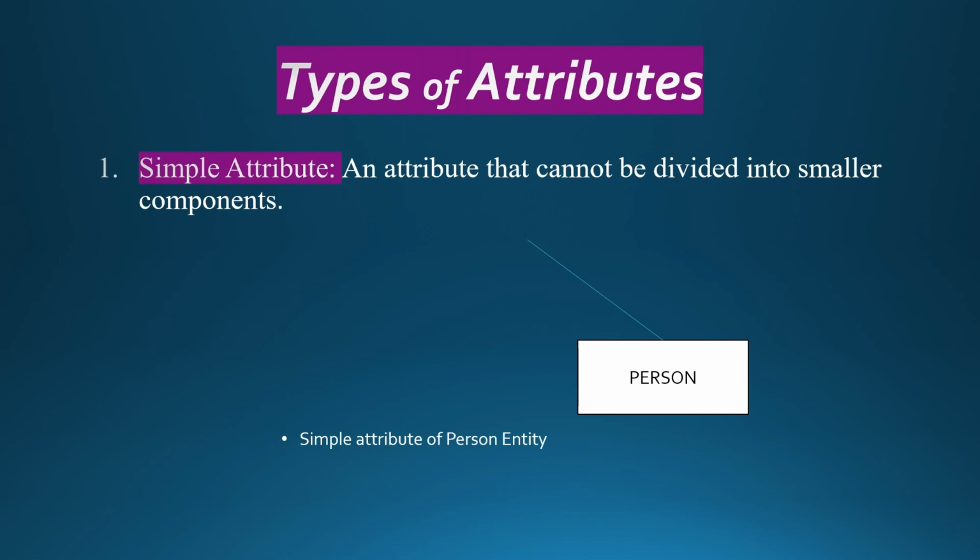Next is types of attributes. First type is simple attribute, an attribute that cannot be divided into smaller components. Here is an example: person is an entity class and gender is its attribute. Gender is not divided, meaning it cannot be divided into smaller components. So this attribute is a simple attribute.